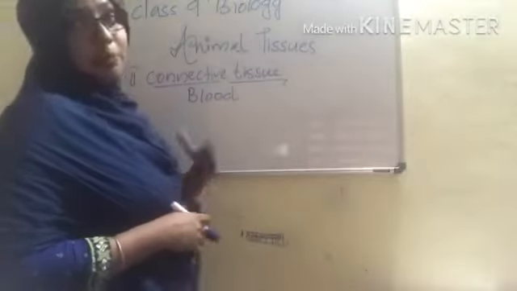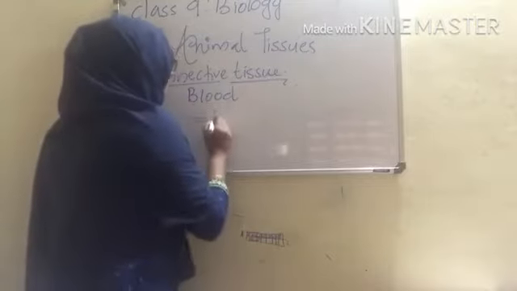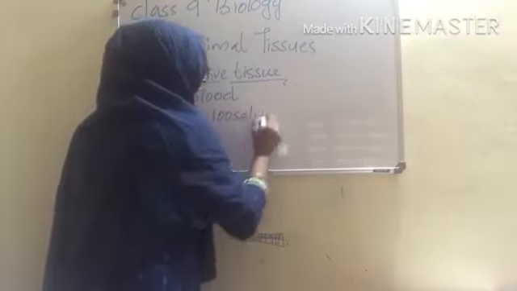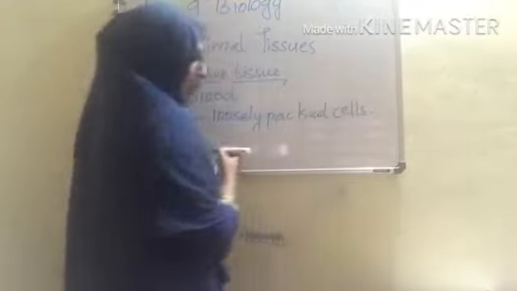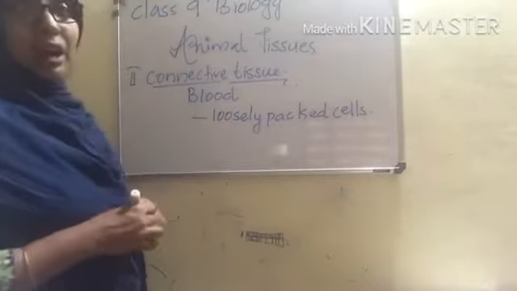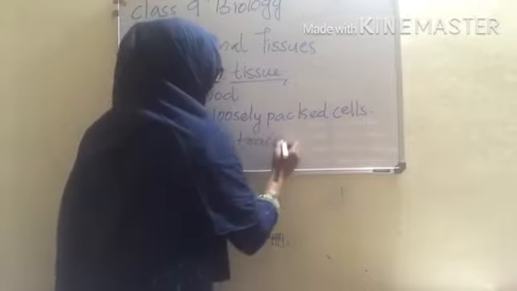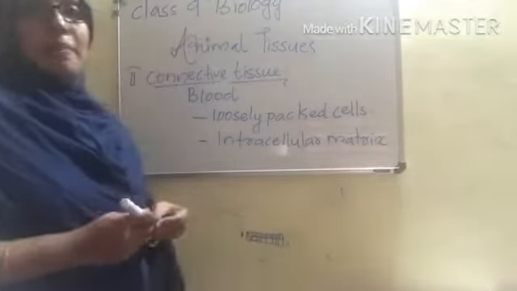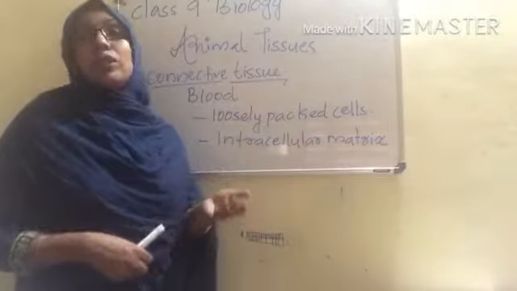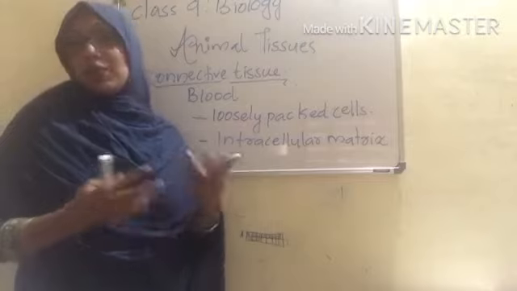The connective tissue, that is the blood, has completely loosely packed cells, clear? And they are embedded in an intracellular matrix. This matrix can be either a jelly-like fluid, or it can be dense, or it can be rigid.